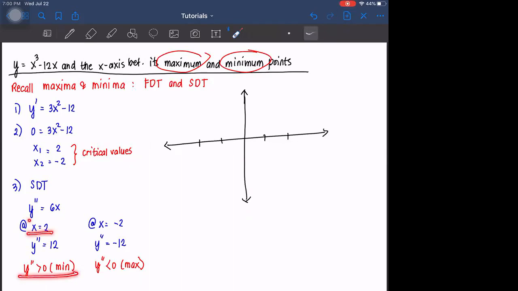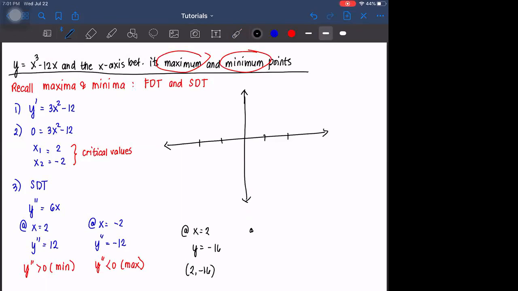But if x equals 2, pilay value sa y? Asa man siya i-substitute? Sa y equals x cubed minus 12x. 2 times 2 times 2 is 8, minus 24, negative 16. Okay, negative 16.